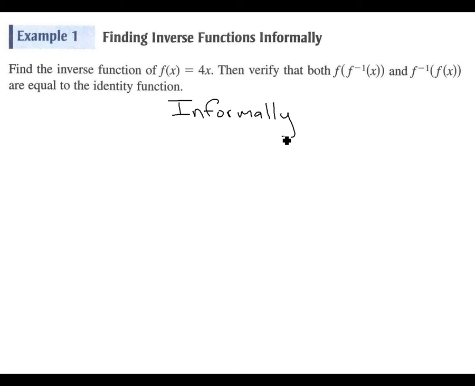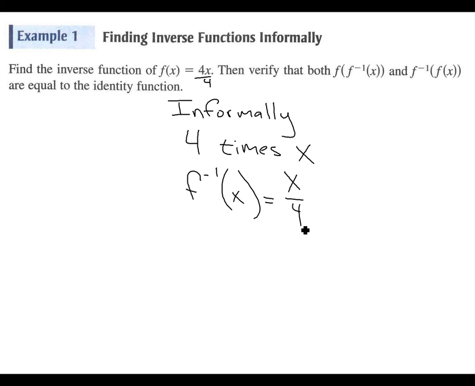We're kind of just thinking to ourselves, all right, if this is 4 times x, how would we cancel that out? So the opposite of 4 times x, to get rid of that, right, we'd have to divide by 4. So the inverse here, we could kind of informally think about it as x over 4. How do we undo 4 times x? We're going to divide by 4.